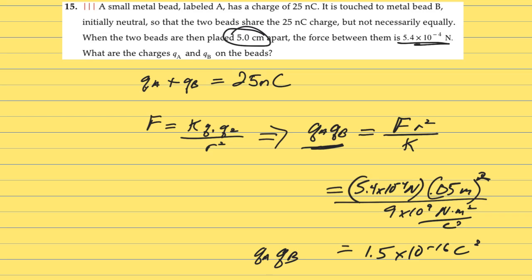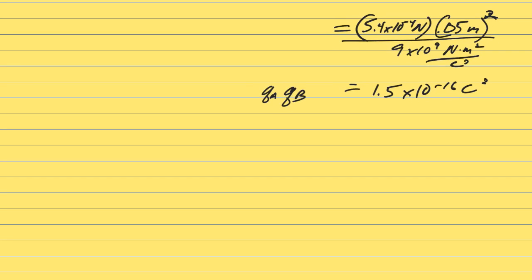All right, so we have that. Let's continue on here. We know that QA plus QB equals 25 nanocoulombs.